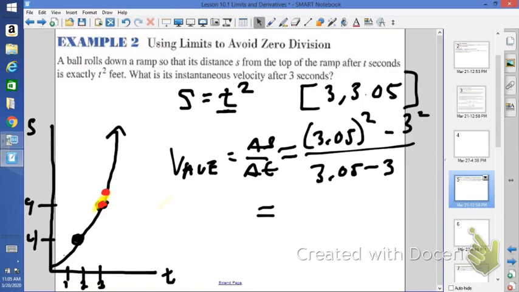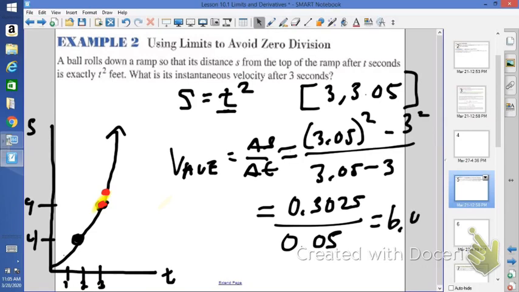That's going to give us 0.3025 over 0.05. And this is going to be 6.05 feet per second.